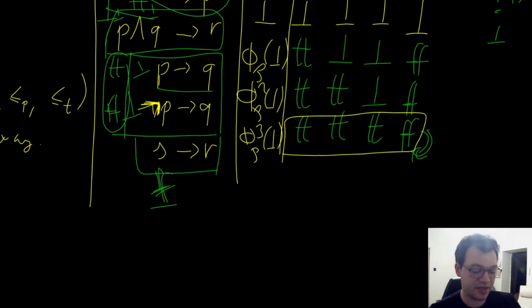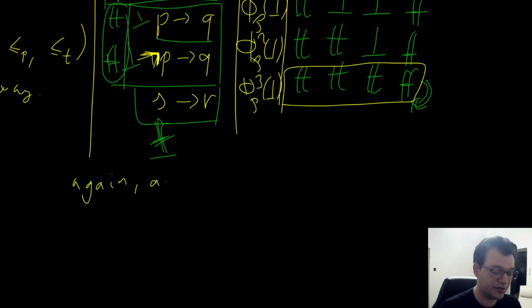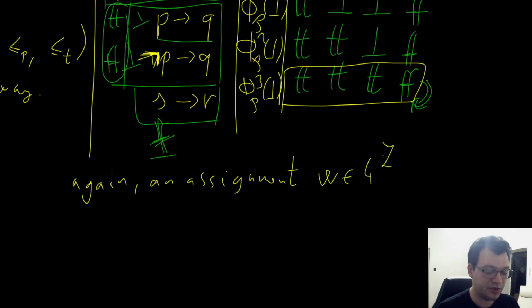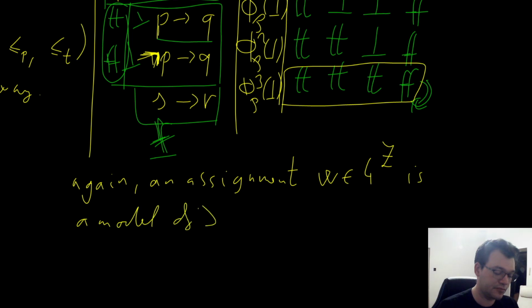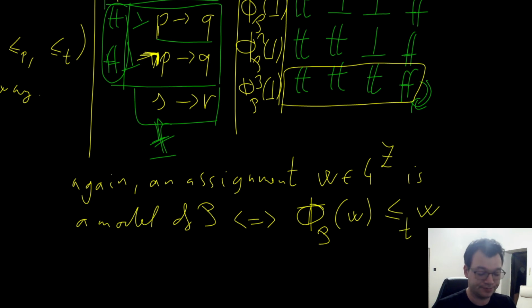Now again, it can be proved in pretty much the same way as before: an assignment W, but this time W is a 4-valued assignment, is a model of the program if and only if we transform the assignment by the phi function, phi P of W is smaller than or equal to W according to the truth ordering.